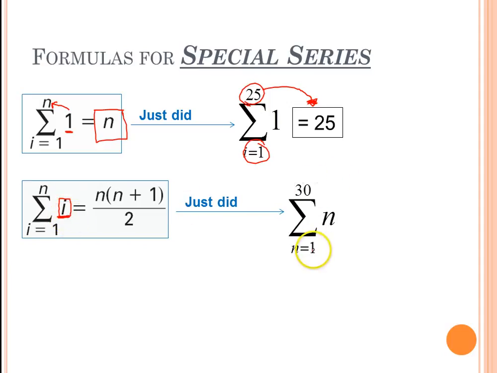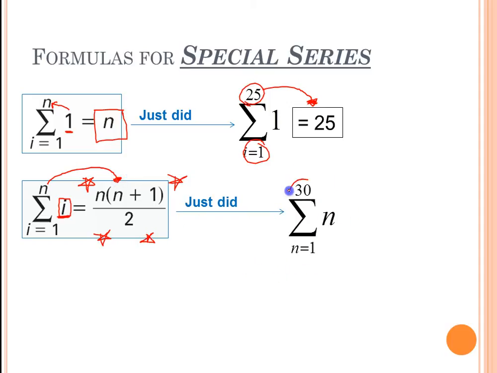And we said it was 1 plus 2 plus 3 plus 4 plus 5 plus 6 plus 7 all the way to 30, which wouldn't take forever to type in our calculator, but it takes some time. Okay, this is the special pattern. If you have just an n, you can use this special pattern right here to make it a little bit easier. So whatever this n is, plug it in the pattern, you'll get the same answer.